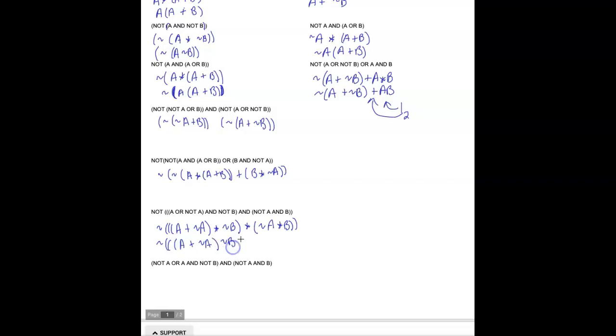It could look like this, but you have to be careful to not just erase the parentheses. All of these parentheses are required here, especially this outer set of parentheses for that not.